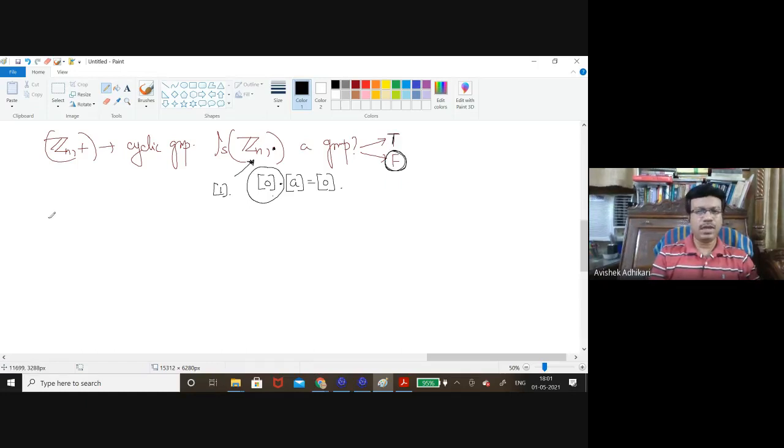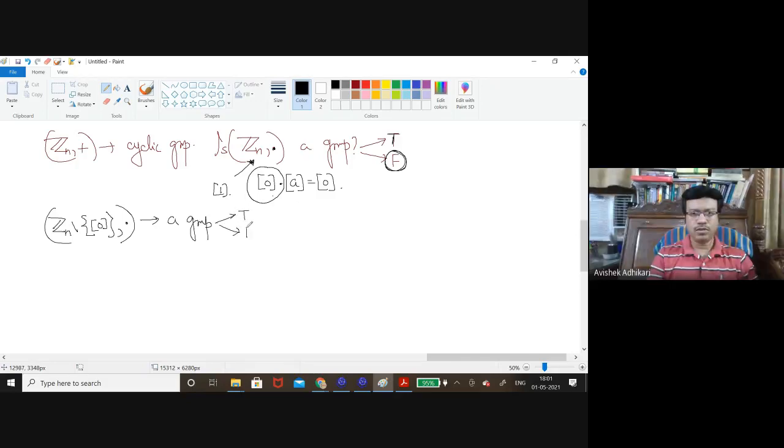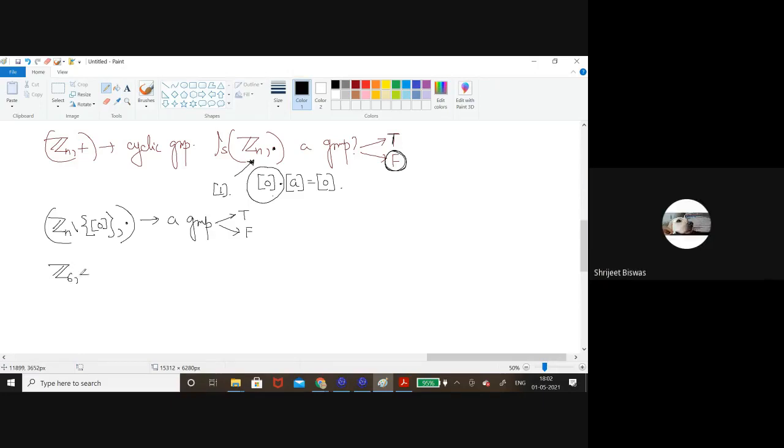Now, as we have just seen, if I remove the 0 and consider dot, will that be a group? Yes, sir. So true or false? Your bet is on true, right? Okay, let us consider Z6.